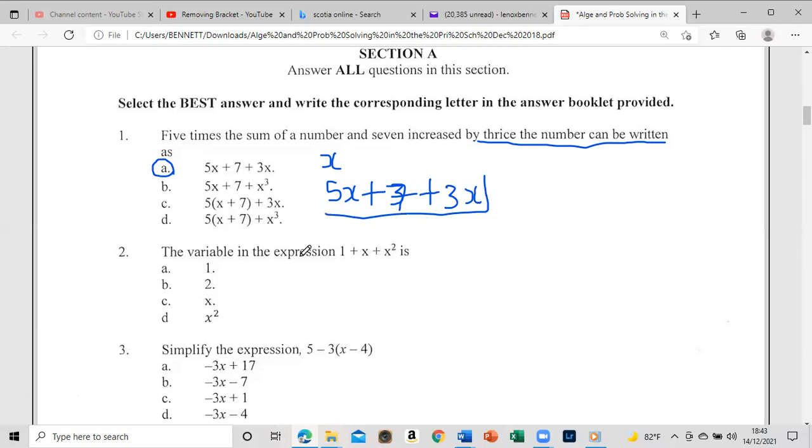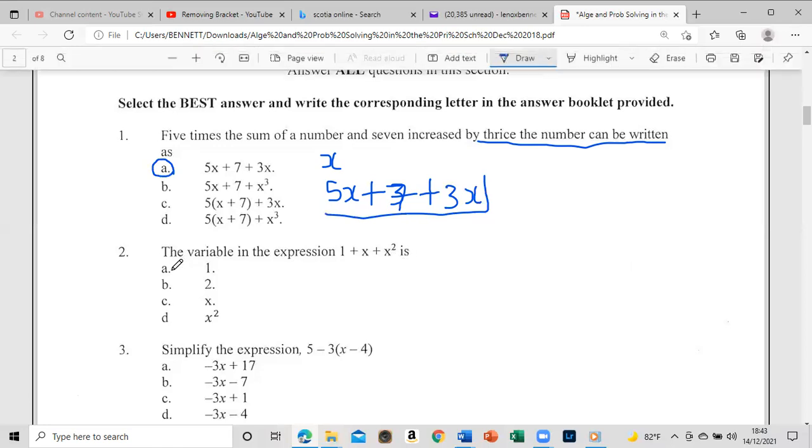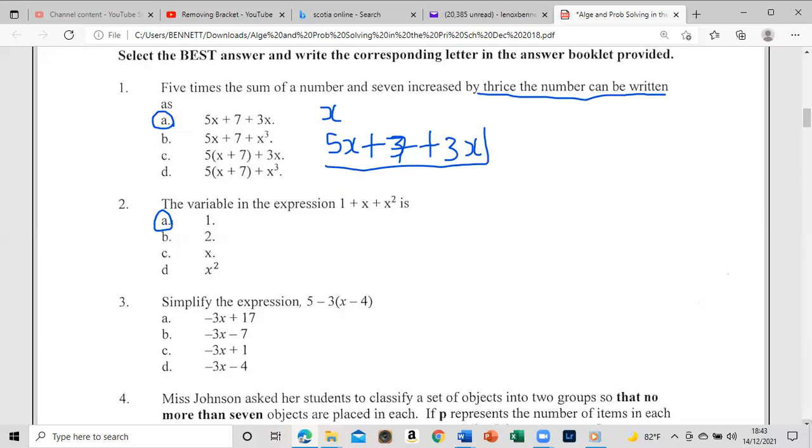The variable in the expression 1 plus x squared is. That's a 1, right? That's the other one. That kind of obvious. So when you ask the variable, the one whole number.